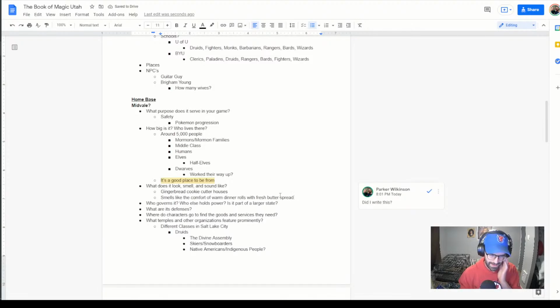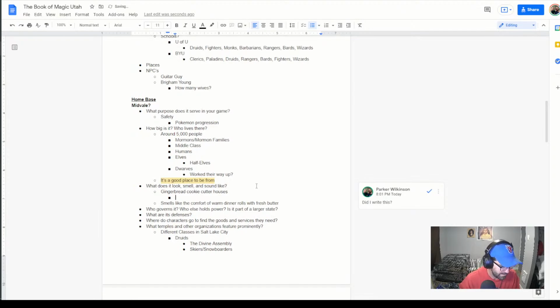So just barely out of the oven and makes the whole house smell. Maybe the houses are all made of dinner rolls essentially, and inside is very light and fluffy. That might be kind of fun. Maybe something like that.